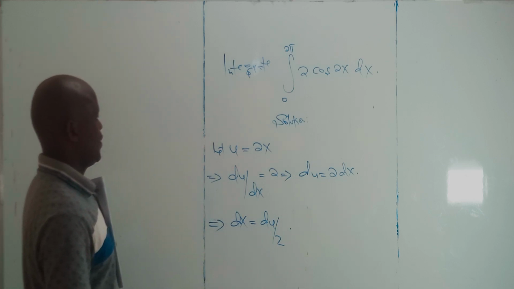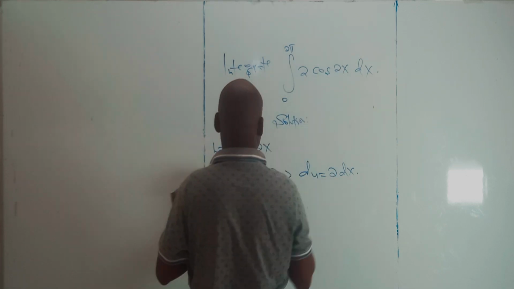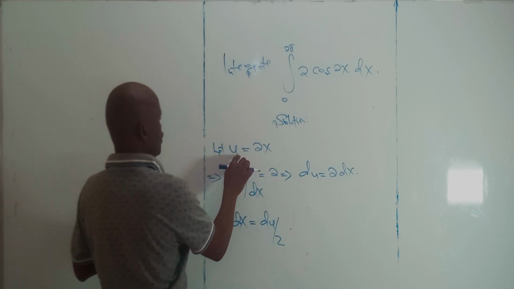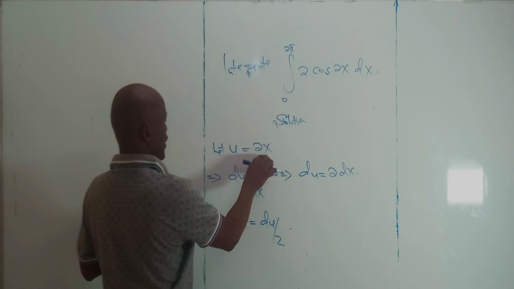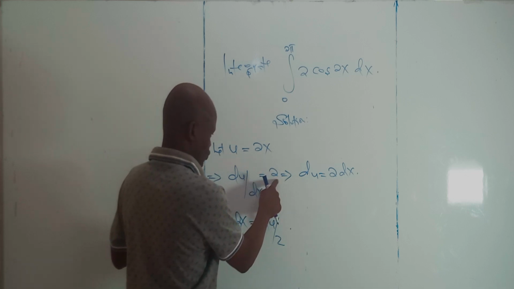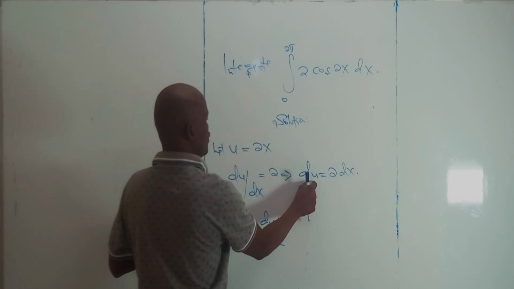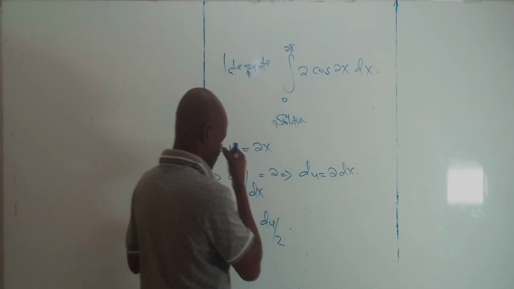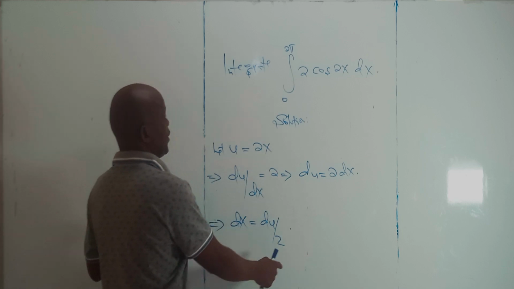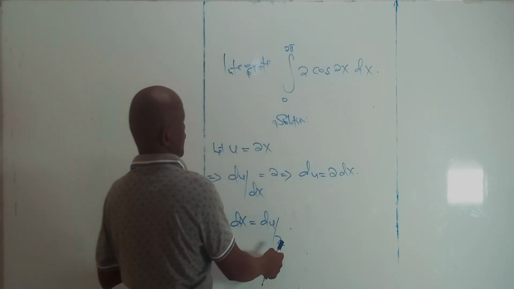So if I let u be 2x, I'm just dealing with this part. If I differentiate u with respect to x, I end up with 2. But that simply means that du is equal to 2 dx, and so dx is equal to du over 2.